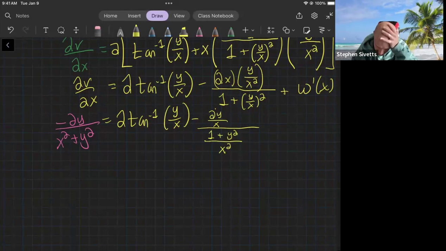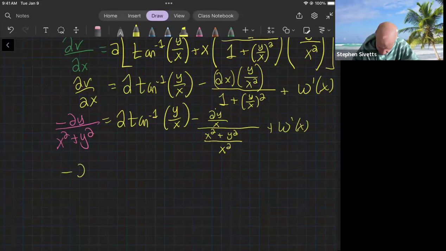Oh, I'm sorry, that's squared. Okay. And then plus w prime of x. Okay, we're almost there. Minus 2y over x squared plus y squared.